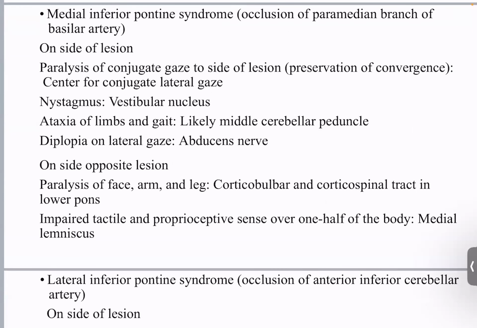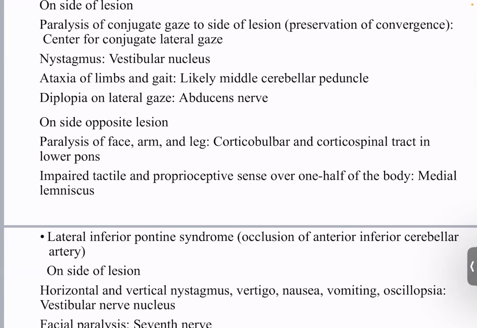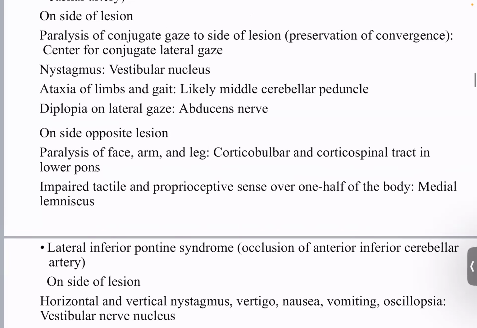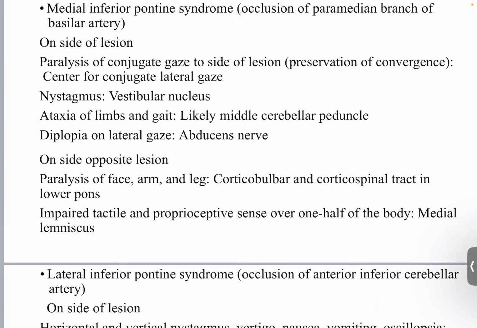When you do a complete examination, one or two findings may be missing. Inferior pons will have the seventh and eighth nerves. If all the symptoms and signs are present, it will be a complete syndrome. Sometimes one or two signs may be missing, so based on which structure is affected, we can tell whether it is superior or inferior. I think for you it is adequate if you tell whether it is medial or lateral, and whether it is medullary, pontine, or midbrain. That alone will be sufficient.